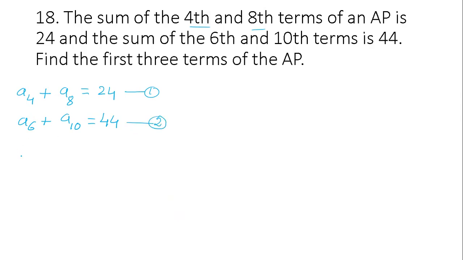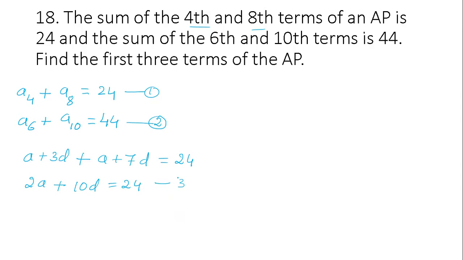From 1 we can write it as A plus 3D, using the general form of AP, plus A plus 7D is equal to 24, and solving this, 2a plus 10d is equal to 24.